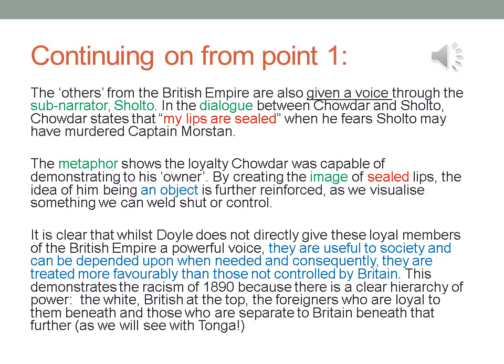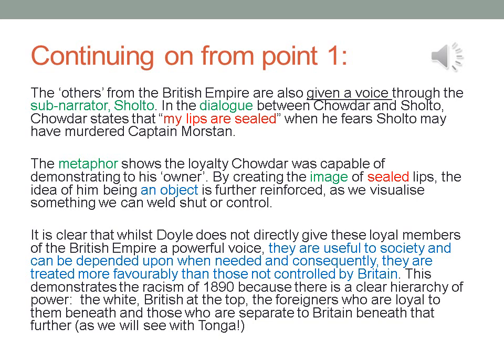So it's clear that whilst Doyle does not directly give them a voice, they are allowed to be heard, which in many ways is much better than how some of the other characters are treated. We can see that characters that are in favour of the British Empire are seen as being useful for society and can be depended upon when needed.